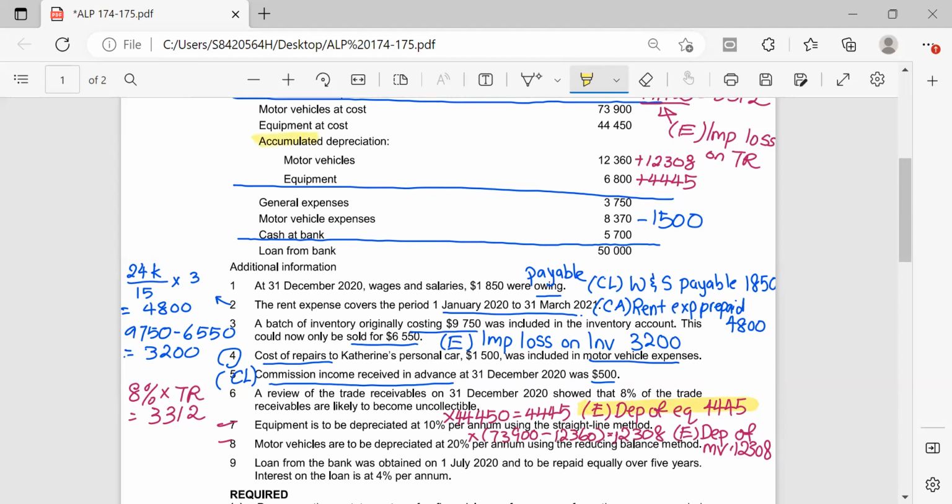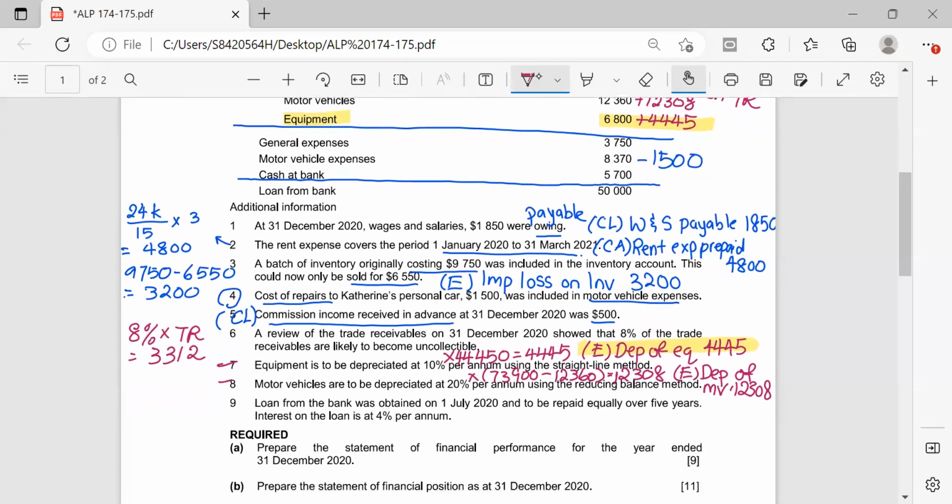Inside your accumulated depreciation for equipment, it will be about 10,000, 11,000. So accumulated is the depreciation over the years. So it should be a bigger number than your expense amount, unless it's the first year whereby they will be the same.